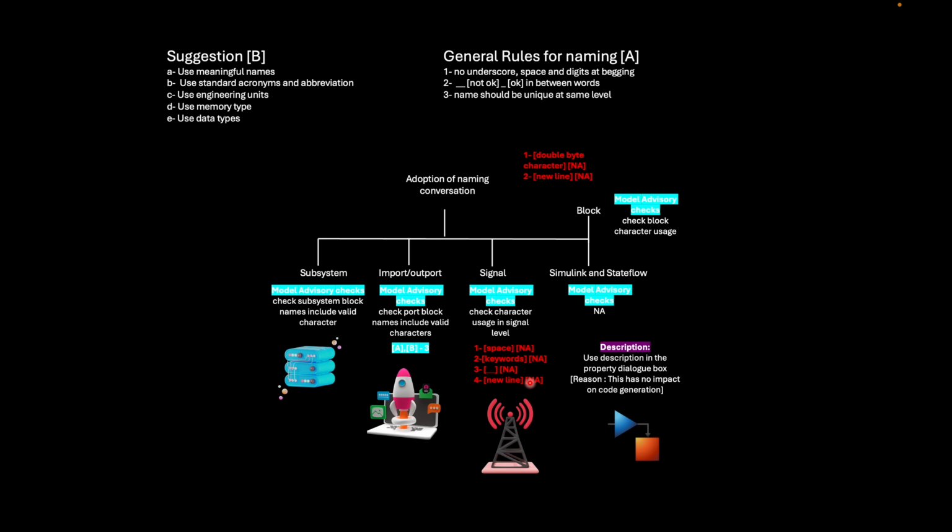Suppose you give a name and press enter, then give a second name, like the word main function, where you write main first, press enter, and then type function. Such an implementation is not allowed in the MAAB guideline when you name signals. Then coming to the Simulink and Stateflow check.